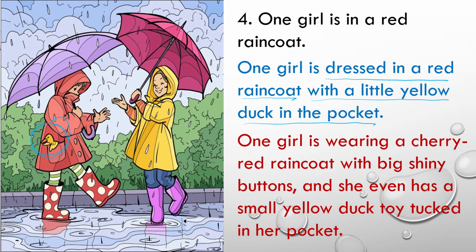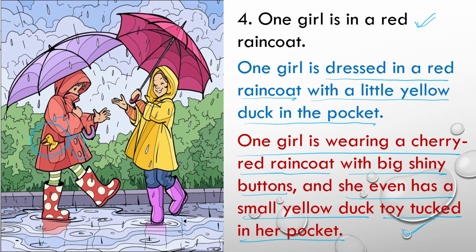What extra things can you visualize? Or we can write, one girl is wearing a cherry red raincoat. You're defining the color also. What red color? With big shiny buttons. So again, you are visualizing what is on that red raincoat. Big shiny buttons. And even she has a small yellow duck toy tucked in her pocket. So you can define that it's a toy, right? So from this, by using details, you can write this sentence.